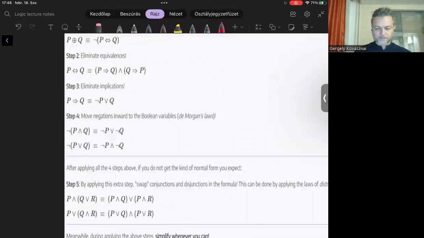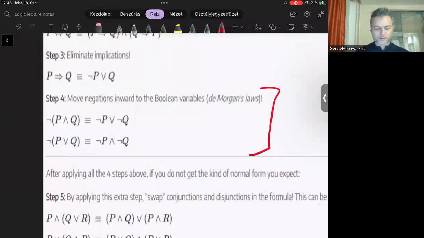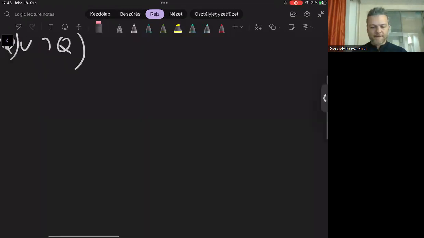Yeah, so now the next step is dealing with negations by applying De Morgan laws. Whenever you have a negated conjunction or disjunction, you just eliminate the parentheses. You know what it means. The operator flips, and also you have to negate both operands. So this is what we are going to apply right now here.